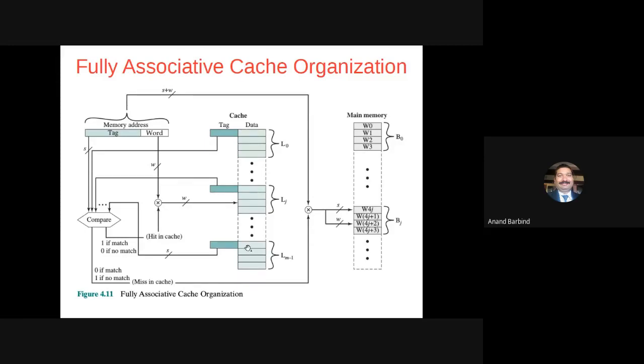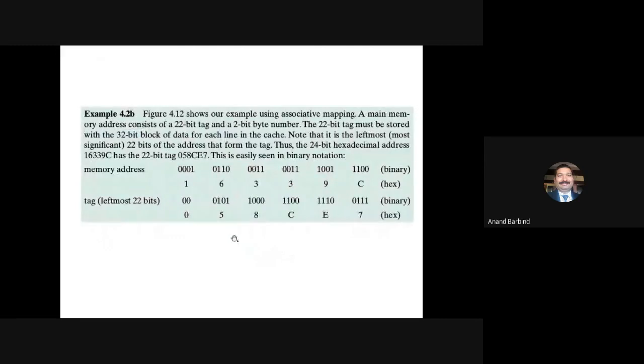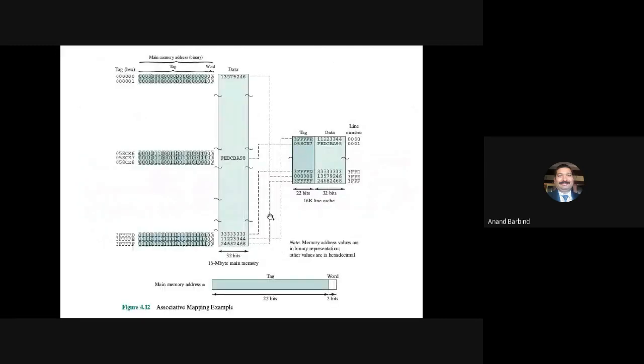Okay, now you can go through this example later on, the actual storing of the blocks in the cache. These are the cache lines. Okay, you can see here that this particular block is stored at this particular position.